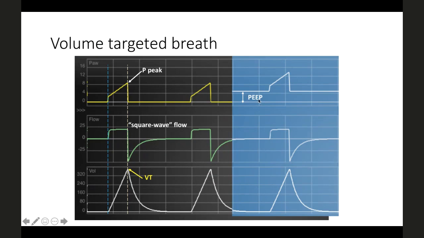It is coming back to a new defined value which is called positive end expiratory pressure. The advantages are many, which we'll discuss along with further characterizing the values. For this point, I'll just mention that the positive end expiratory pressure is the new baseline.